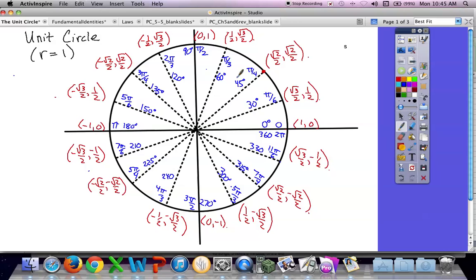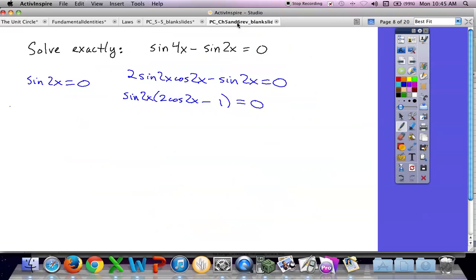So we would write it like this. We would say when 2x equals 0 plus n times pi, then sine 2x would equal 0. Divide by 2. x equals, and at that point you don't need to keep the 0. It's easy to say that's n times pi over 2.